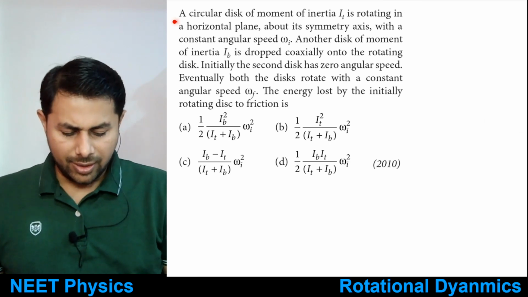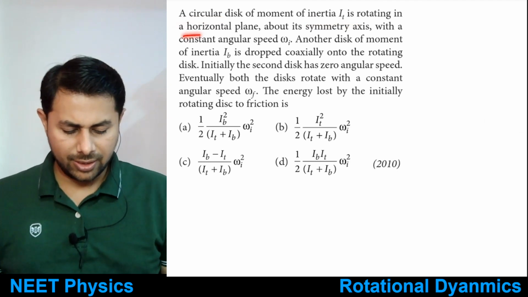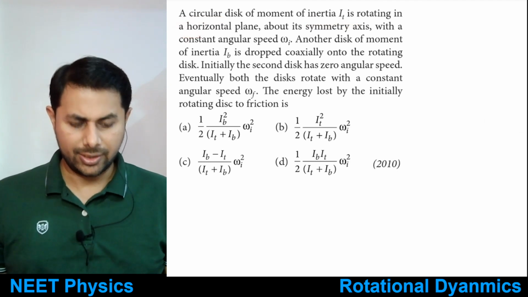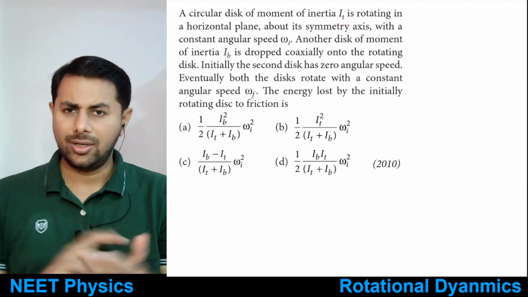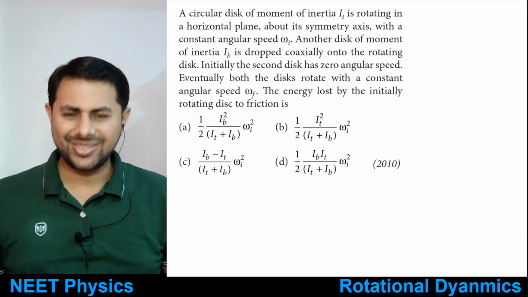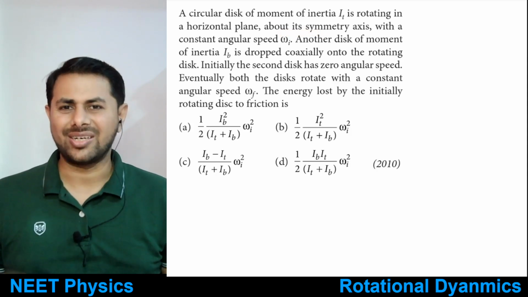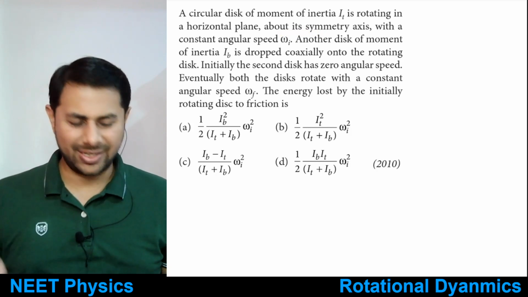A circular disk with some moment of inertia is rotating in a horizontal plane about its symmetry axis, meaning the natural axis. Always remember, that is perpendicular to the plane passing through the center.